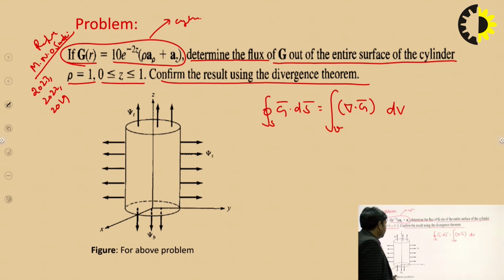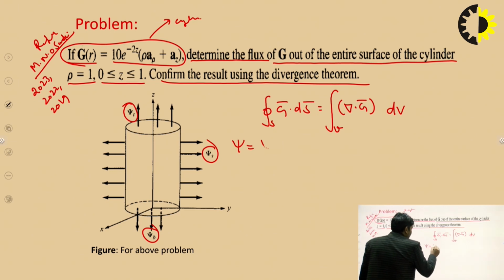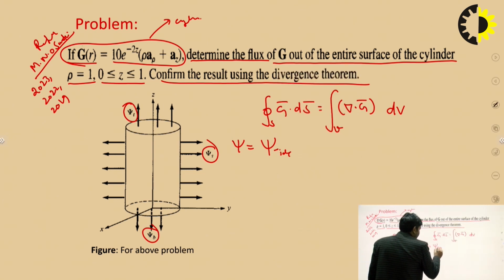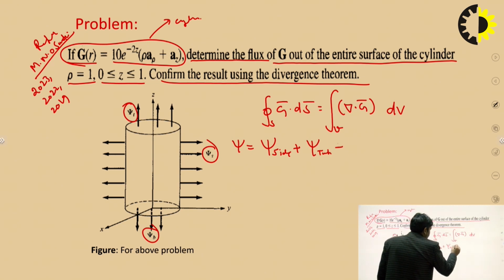Suppose this is a cylinder. This is the outward flux from these sides: this is the side flux, this is the top flux, this is the bottom flux. So the total outward flux is the algebraic sum of the side flux plus top flux plus bottom flux.